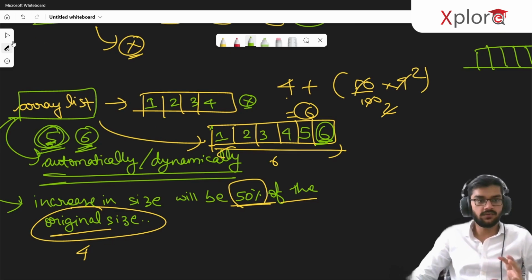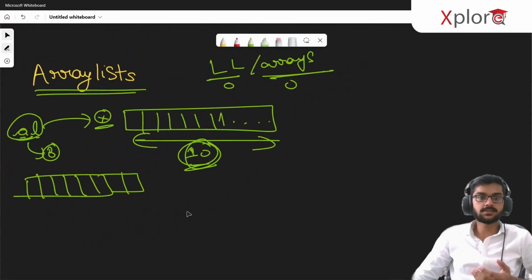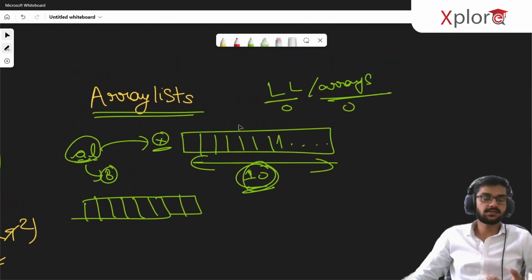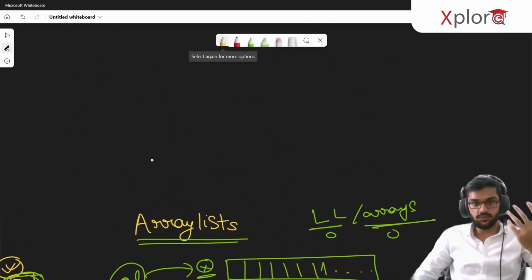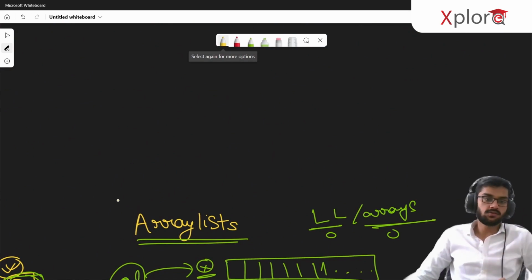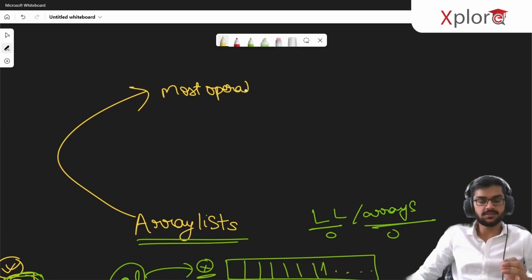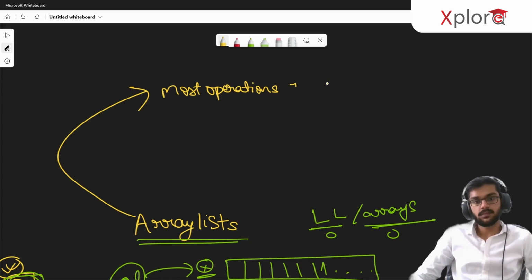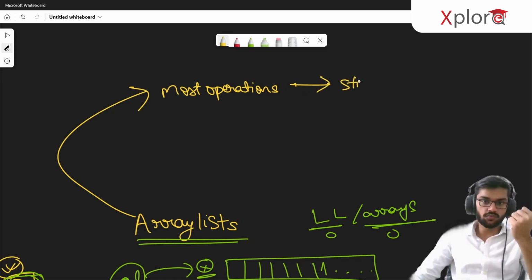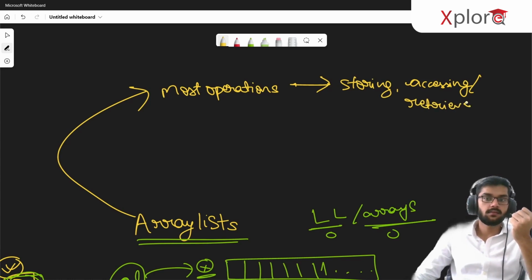So I hope this is kind of useful. So let's talk about a use case where we can use this array list now, and also when to use, by the way, array lists and linked lists. So the main point here, which you can point out in an interview, is that you can use an array list when most of the operations you are going to perform are basically storing the values and accessing, or one may say retrieving, the values.